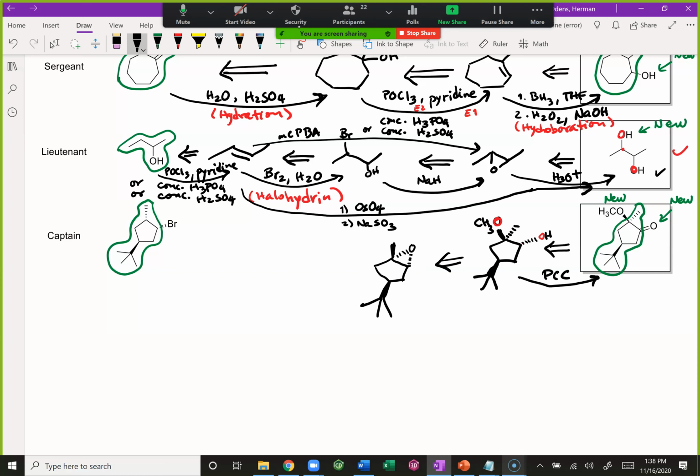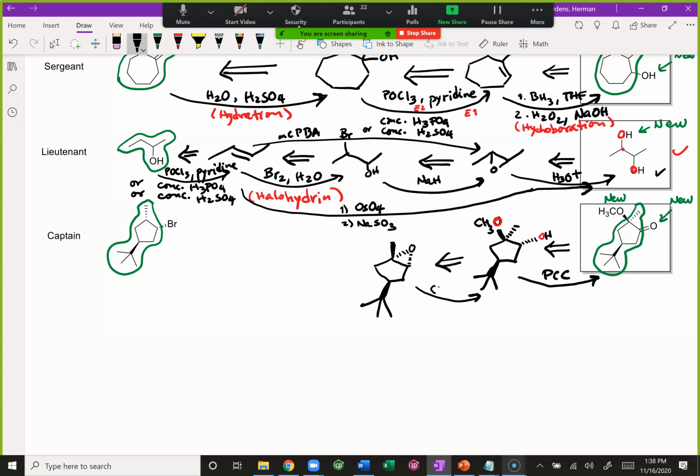This group right here, the isopropyl, transfers chirality. Notice that the methyl has to be up. So when the nucleophile comes, it comes in the opposite direction.